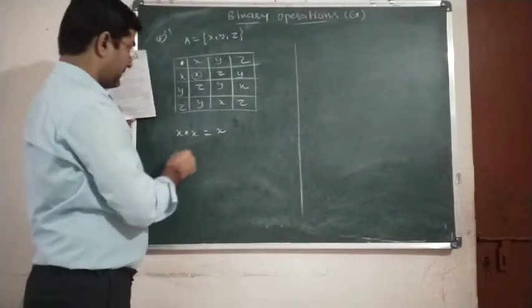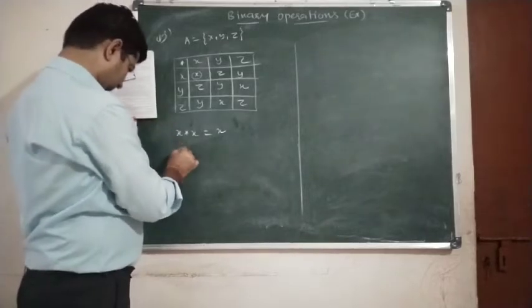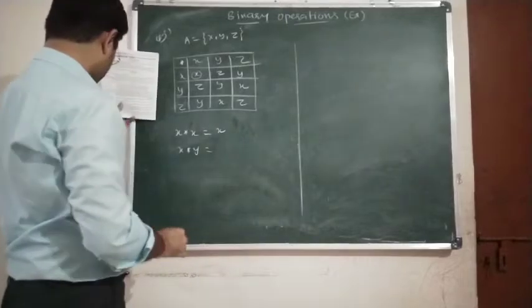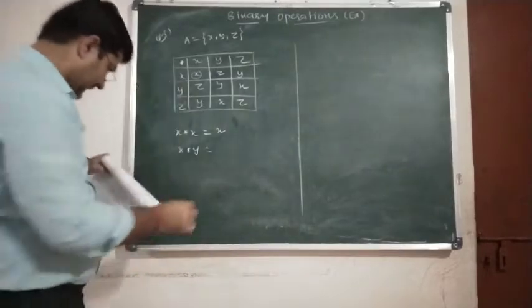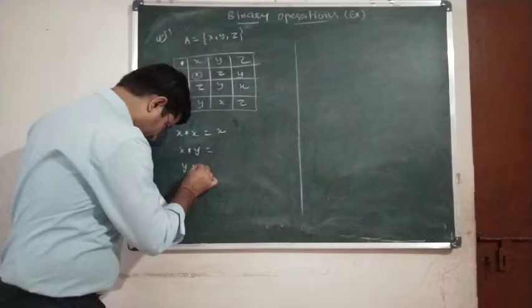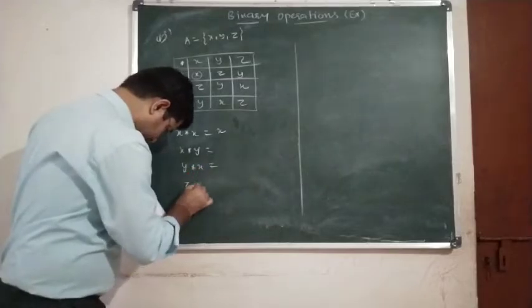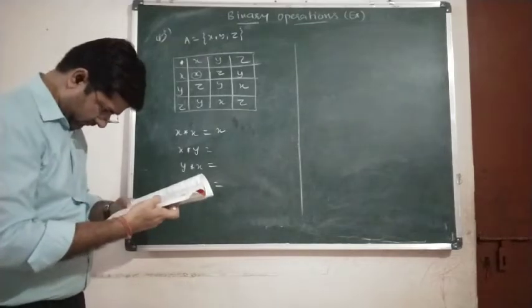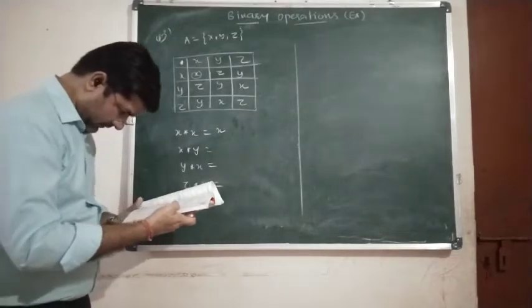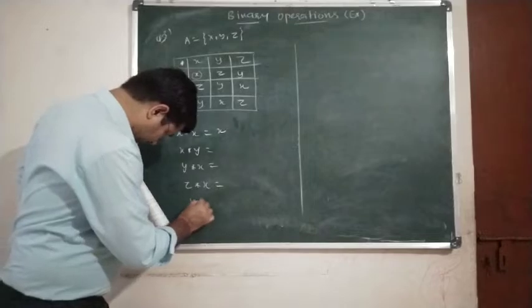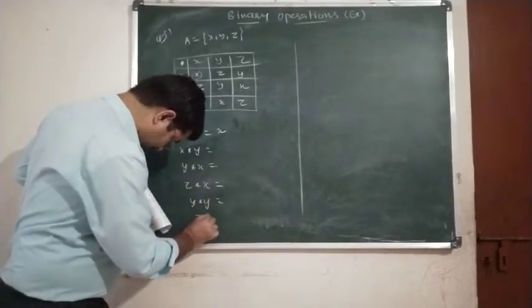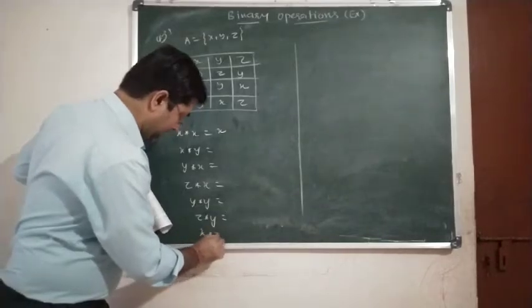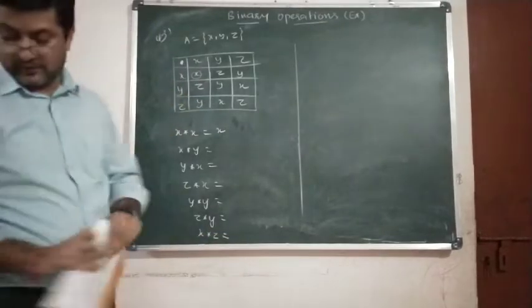Similarly, you can find out the other answers. x asterisk y we have to find out, then yx, zx, yy, zy and xz. Now let us write down the answers.